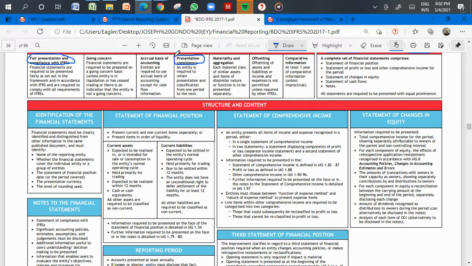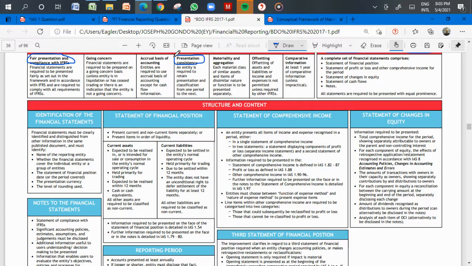But really, according to IAS 8, you can only change a policy if that change will result in financial statements that are fairly presented. So we don't normally change our policy.